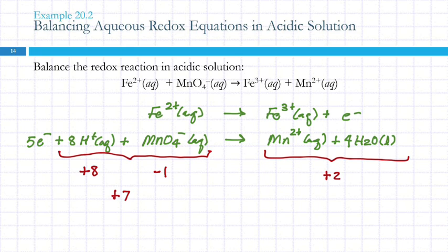I need this side to be the same as this side. So I need this to be 5 smaller. So I'm going to add 5 electrons, because with the -5 over here, now this becomes a total of +2. Okay? Thank you for asking. Any other questions?